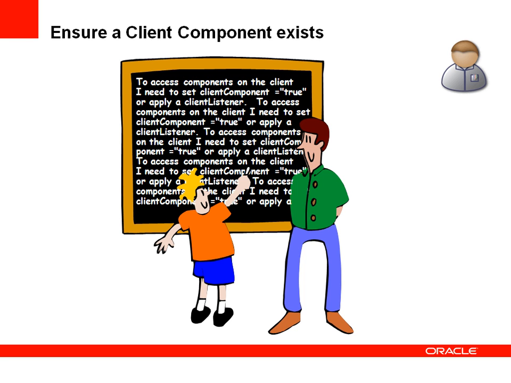This implicitly creates a client-side object for the button. So the button can be looked up on the client automatically as soon as there's a client listener attached. If there's a text field that has a client listener attached that listens for the value change event for the component, then this input text automatically will have a client object representation and can be looked up in JavaScript.